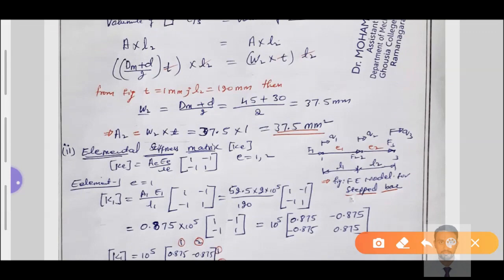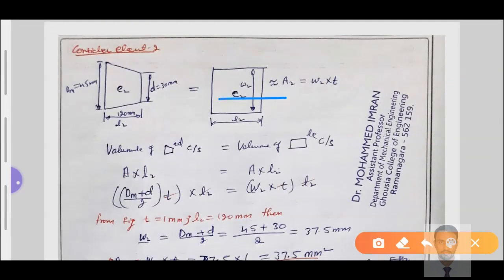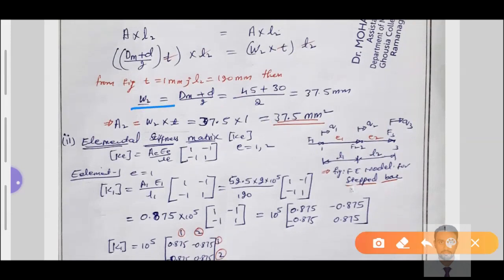The area of cross section A2 is equal to W2 into T, 37.5 into 1, which is 37.5 mm square.